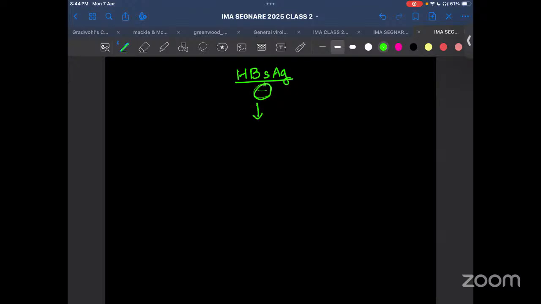We will look for the anti-HBs antibody. Anti-HBs antibody can be positive or negative, and depending on it we are going to diagnose here.